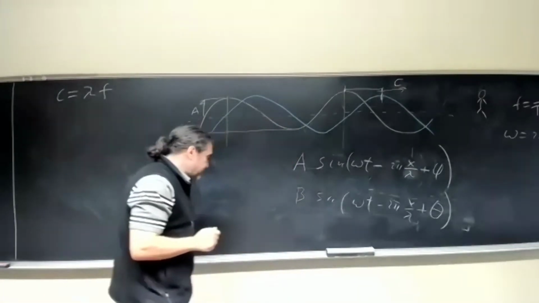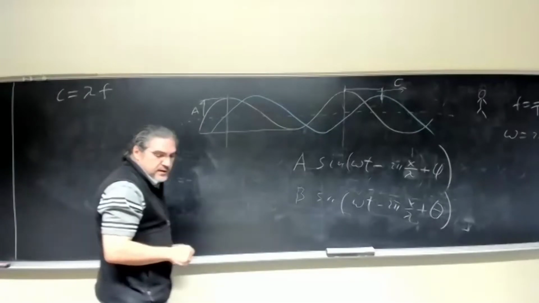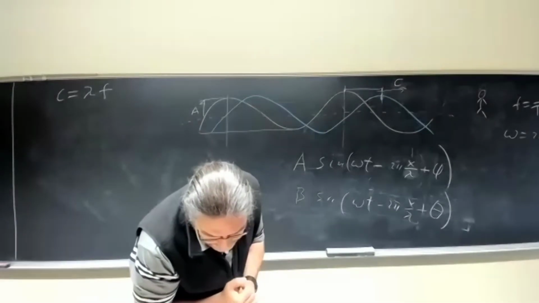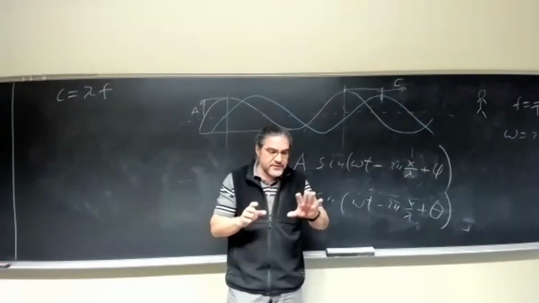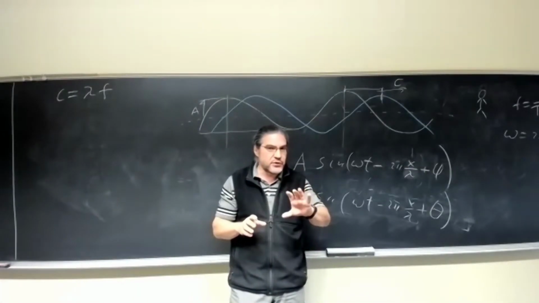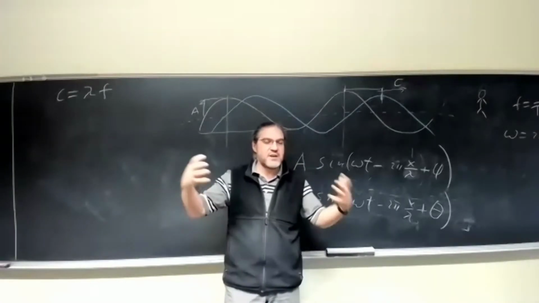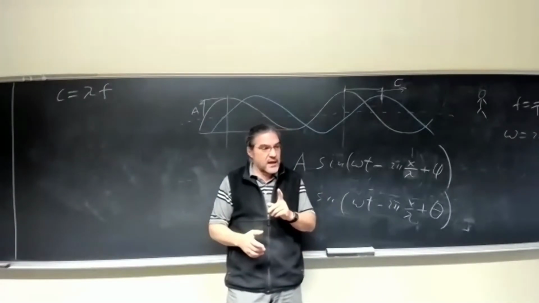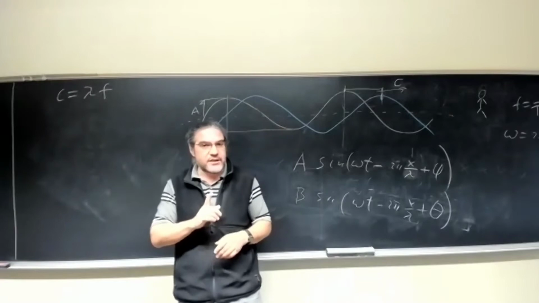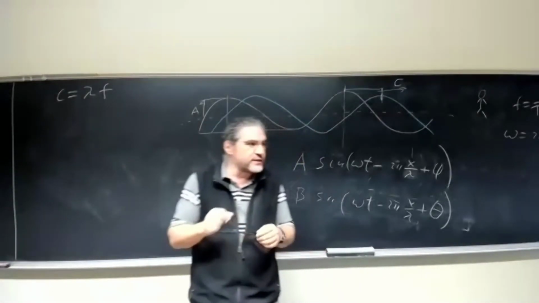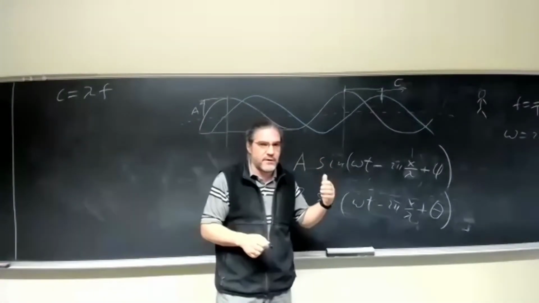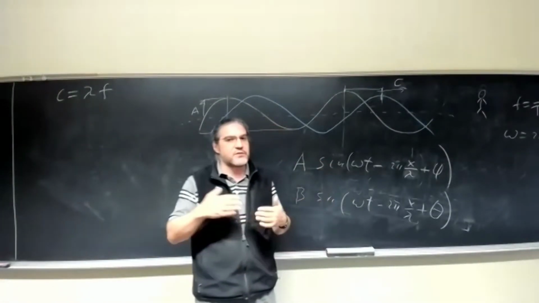All right. So the next important thing is that all waves can be described by the amplitude, how big it is, and the phase. Out of those two, the phase actually has more significance than amplitude. In fact, the phase is what distinguishes the behavior of waves from the behavior of particles.